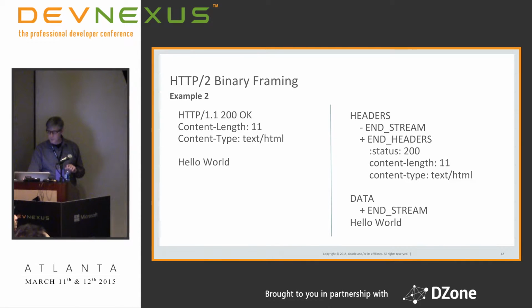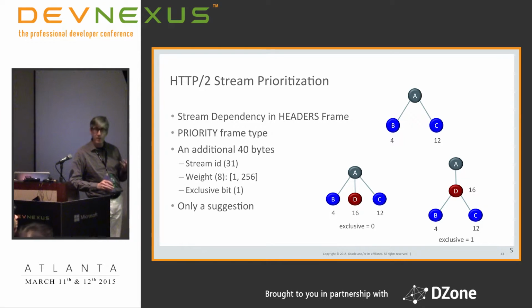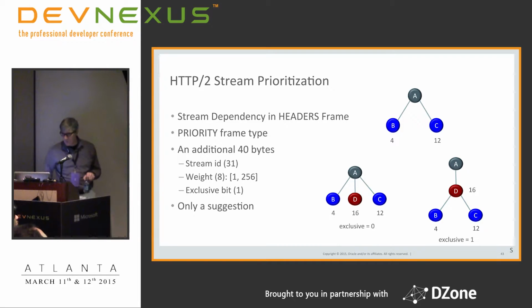Okay. Another important feature is stream prioritization. We realize there's a lot more going on in the connection, so why don't we make it so the browser can make some intelligent decisions about the priorities of these things. And this is how stream prioritization works. It's defined in a headers frame or a special priority frame.